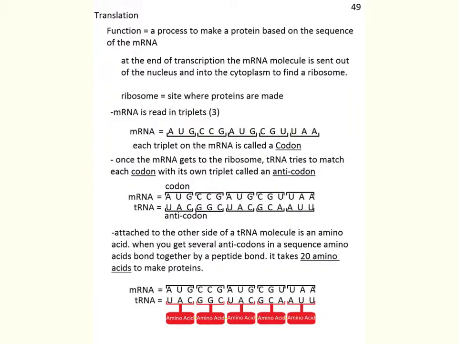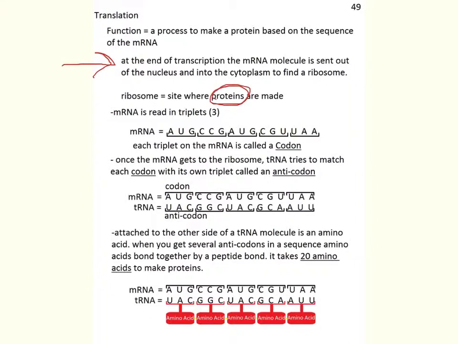So, again, function: a process to make a protein based on the sequence of mRNA. At the end of transcription, the mRNA molecule is sent out of the nucleus and into the cytoplasm. Again, that's just a little reminder of the step right before this starts. And the reason we're doing this at ribosomes is because that's where we make proteins.